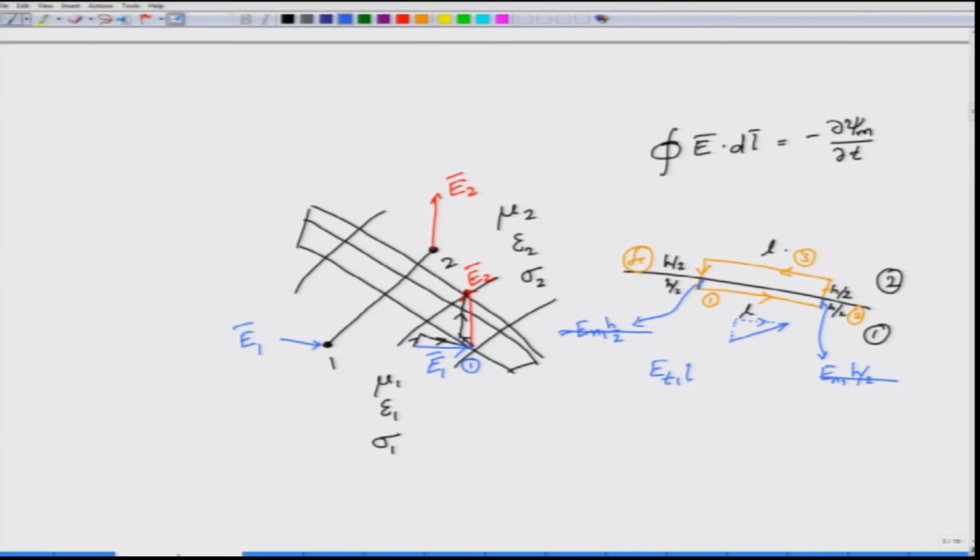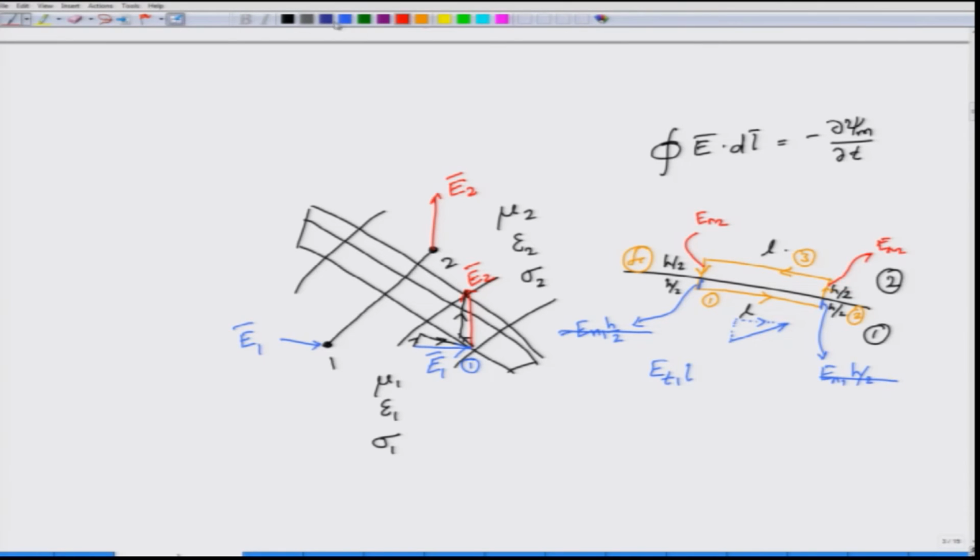For a similar reason, the electric field here will be En2, the component will be En2 h by 2. Here you have electric field En2, however, this En2 into h by 2 will cancel with this other En2 into h by 2. So, you do not have to worry about the vertical segments, look at only the horizontal segments.